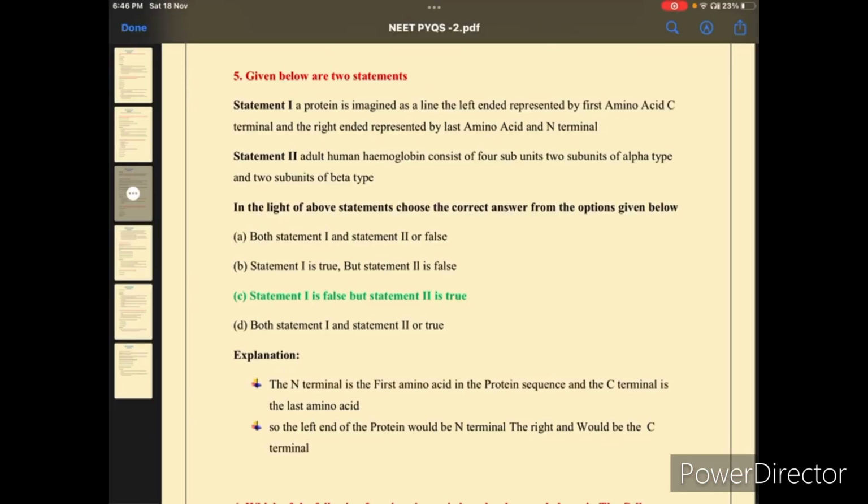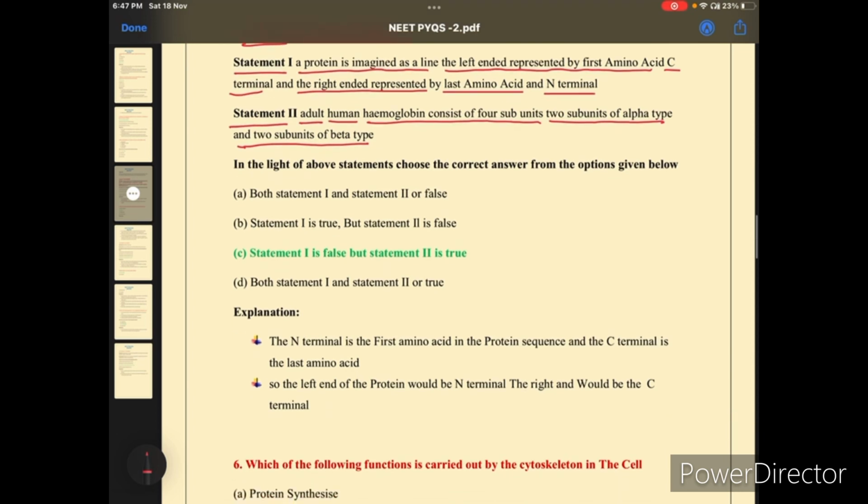So the next question, given below are two statements. Statement 1, a protein is imagined as a line. The left end is represented by the first amino acid, C-terminal, and the right end is represented by the last amino acid, N-terminal. Statement 2, in adults, human hemoglobin consists of 4 subunits, 2 subunits of alpha type and 2 subunits of beta type.